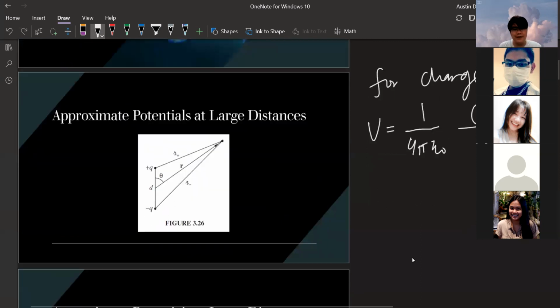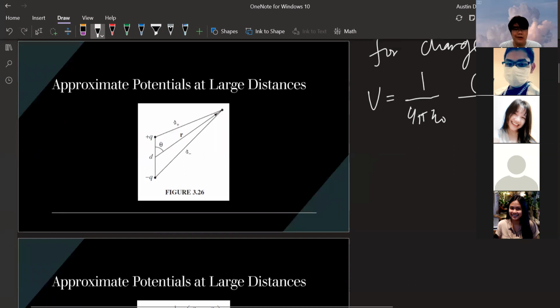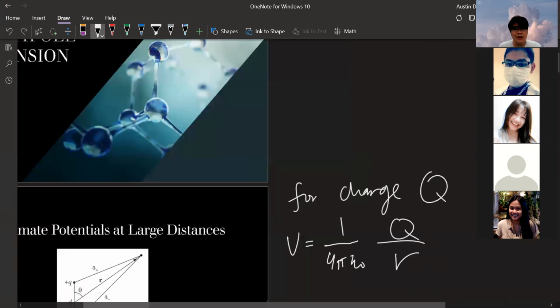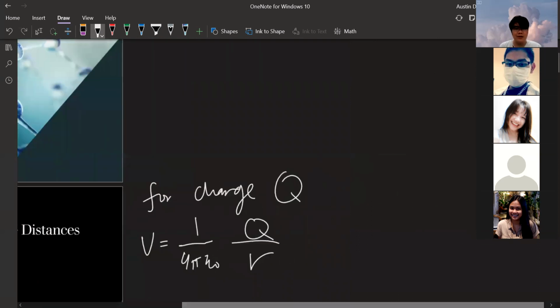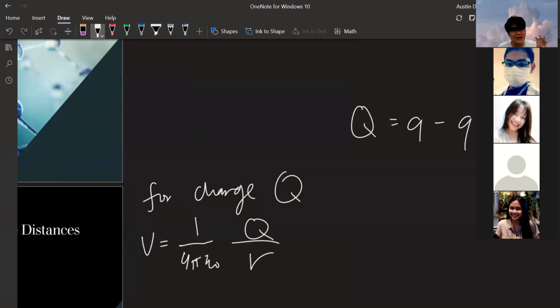Okay. Now, however, total charge Q to, di ba? Paano kapag yung charges inside Q ay positive and negative? Okay, what if Q is Q minus Q? Okay, this is valid, di ba? May dalawa akong charge. May isang positive, may isang negative.